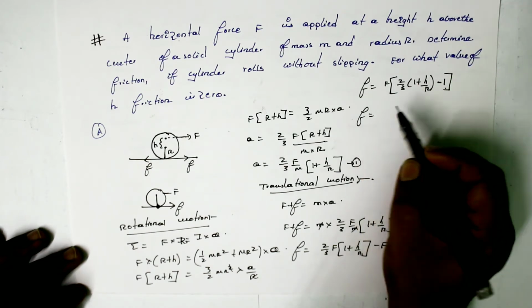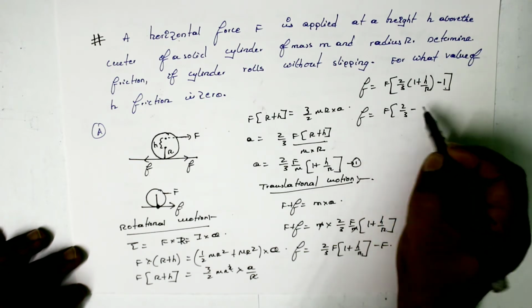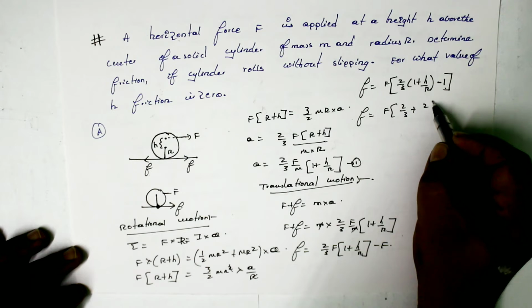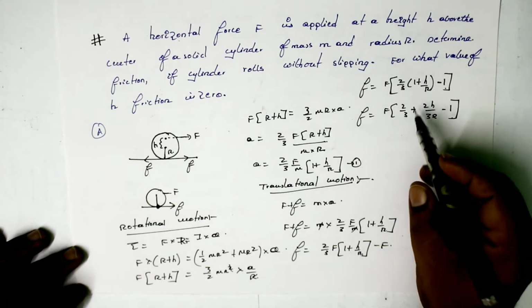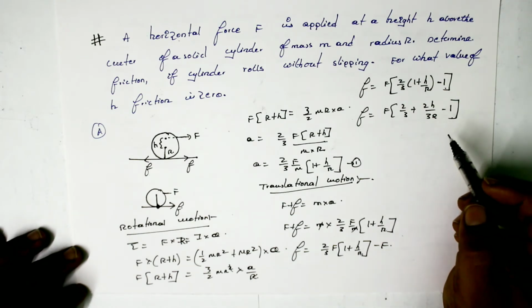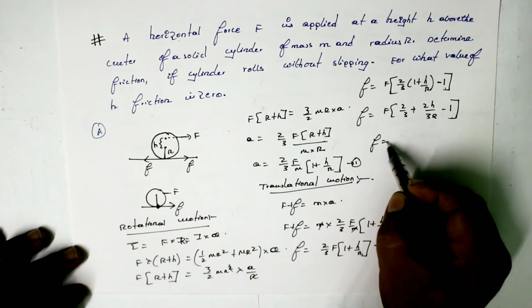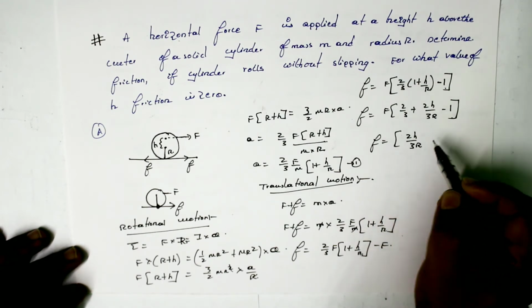So f is equal to F into 2 by 3 plus 2H by 3R minus 1. 2 by 3 minus 1 will become minus 1 by 3. Therefore f is equal to F into 2H by 3R minus 1 by 3.